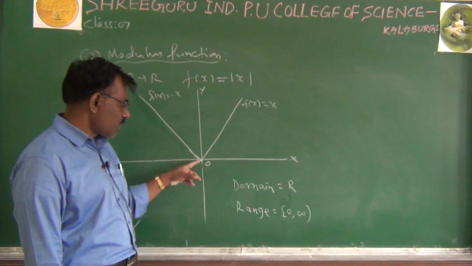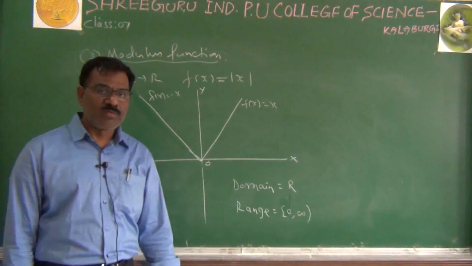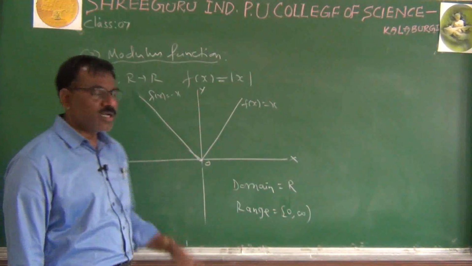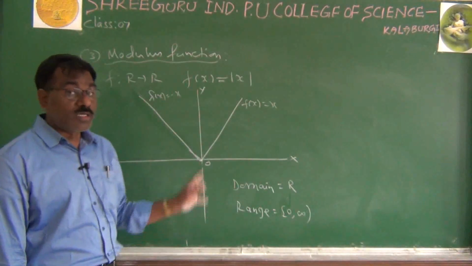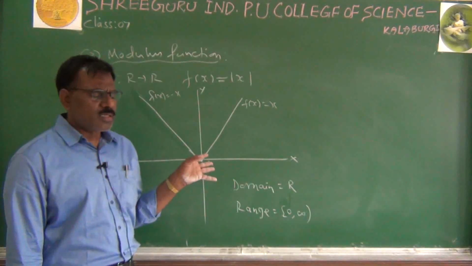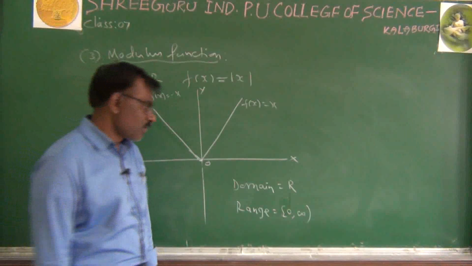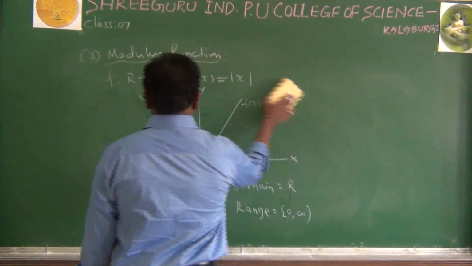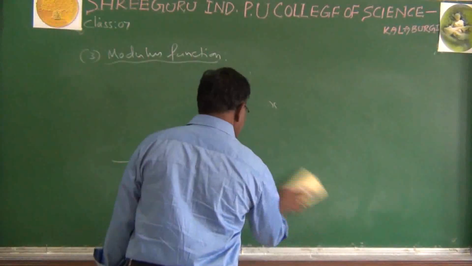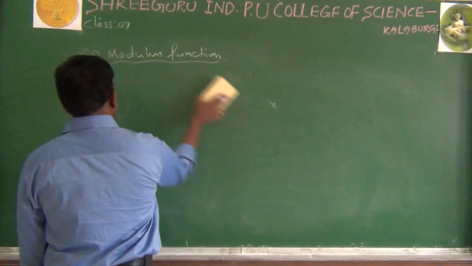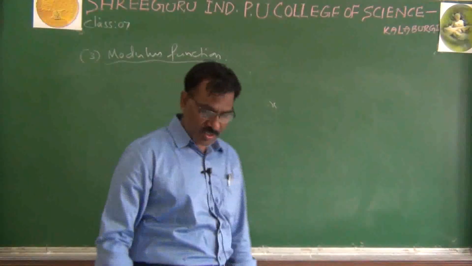At 0 it is not a differentiable function. The right hand derivative and left hand derivative are not equal, but it is a function. It is continuous but not differentiable at x equal to 0. Remember, the domain is any real number, and the range is 0 closed to infinity.